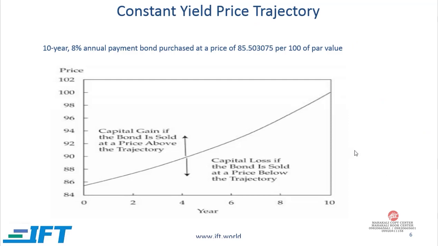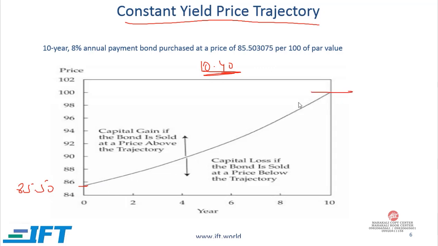This particular bond is following a constant yield price trajectory. What that means is that over time we are assuming that the yield is staying constant at 10.4%. Initially, the bond was worth 85.50, and if the yield stays at this number, then there is a pull to par taking place.